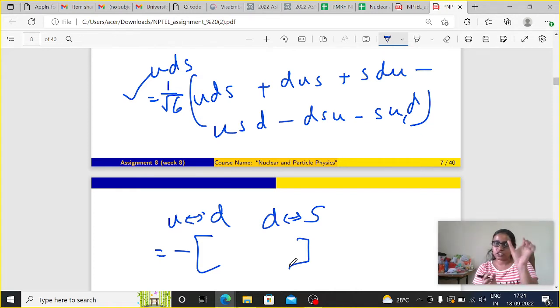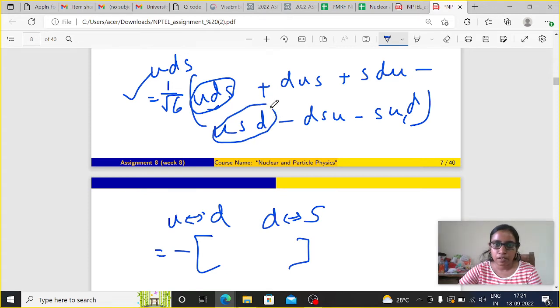Because here 3 terms are positive and 3 terms are negative. So if I interchange here, this term will be same as this term, but at that time minus is there. So that means as a whole there will be a minus in front of this expression. Do you get it?